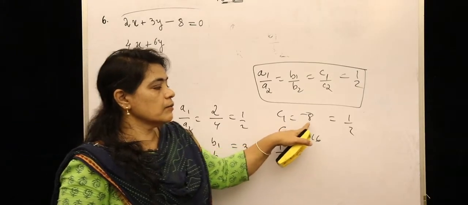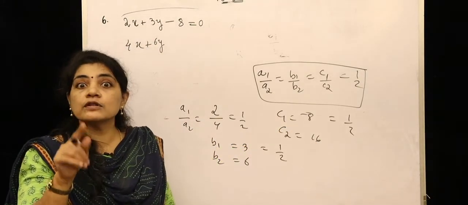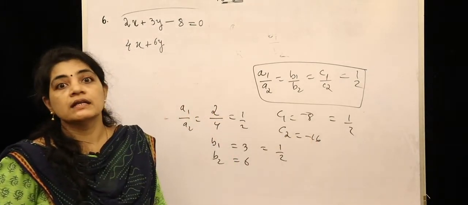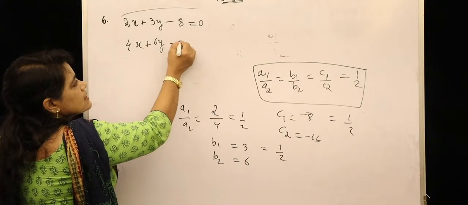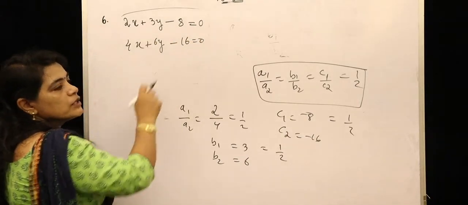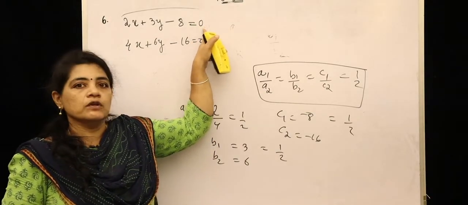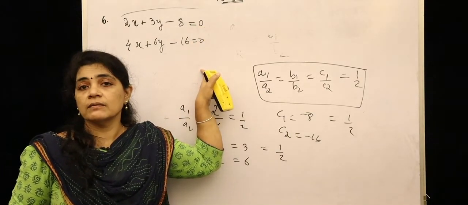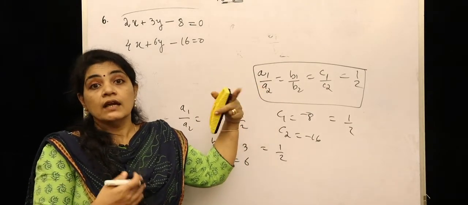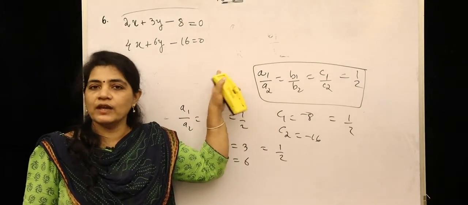In the same way, multiplying by 2 gives 16, but we need positive 1 by 2, so minus 16 will be C2. Now you take 1 by 2, 1 by 2, 1 by 2. So this equation matches the given equation. After solving, you will get coincident lines for this pair of linear equations in two variables.